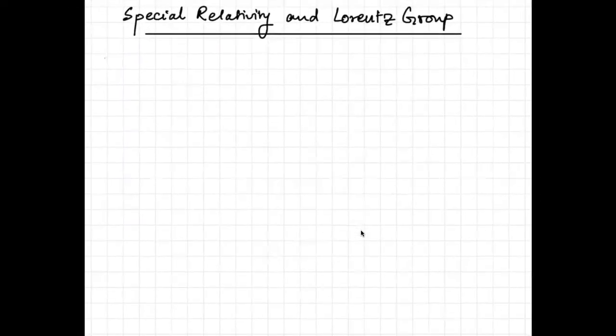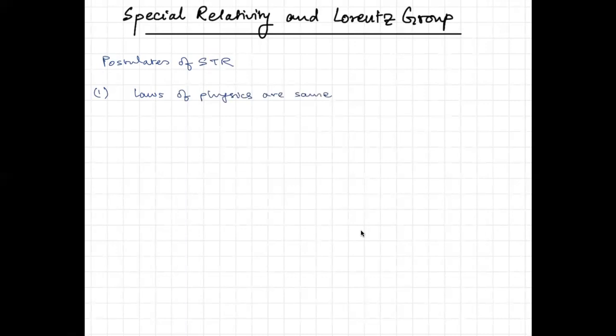So let's do this. Postulates of STR are: number one, laws of physics are the same in all inertial frames.